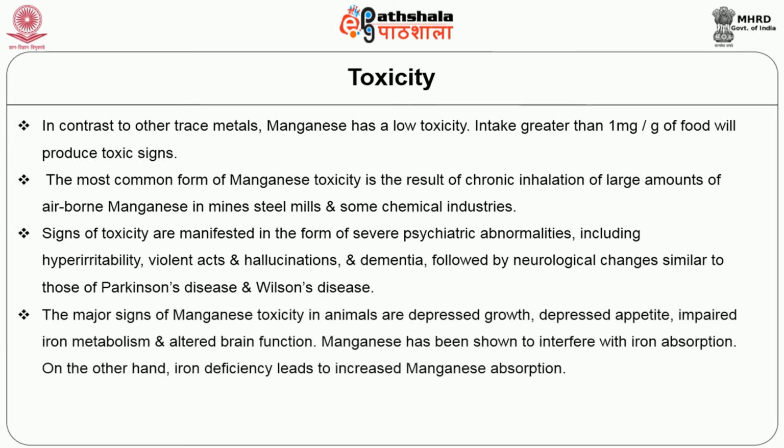The major signs of manganese toxicity in animals are depressed growth, depressed appetite, impaired iron metabolism, and altered brain function. Manganese has been shown to interfere with iron absorption. On the other hand, iron deficiency leads to increased manganese absorption.